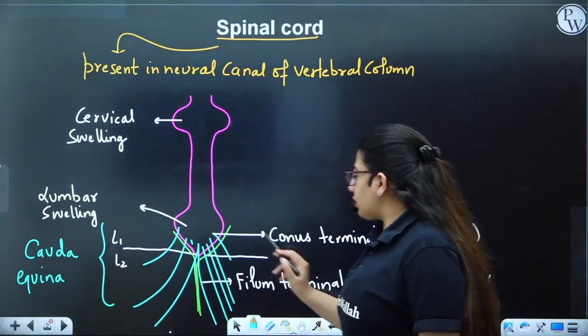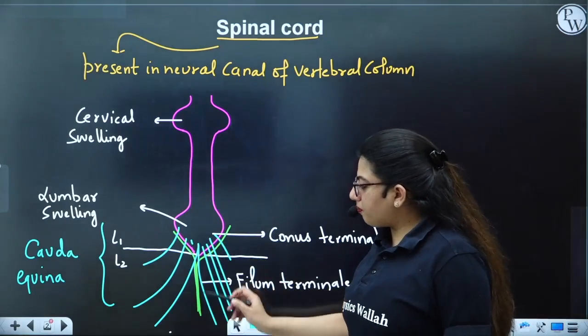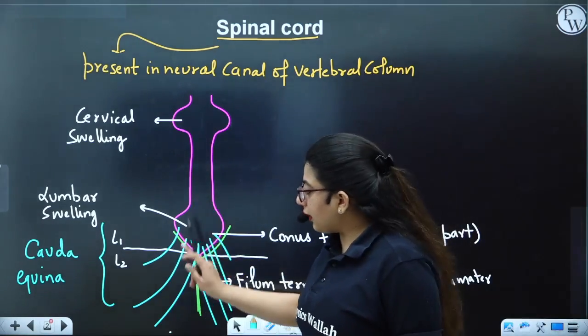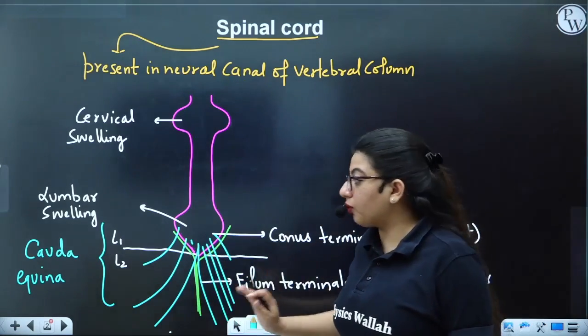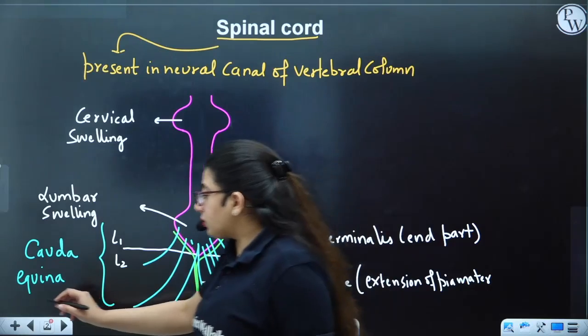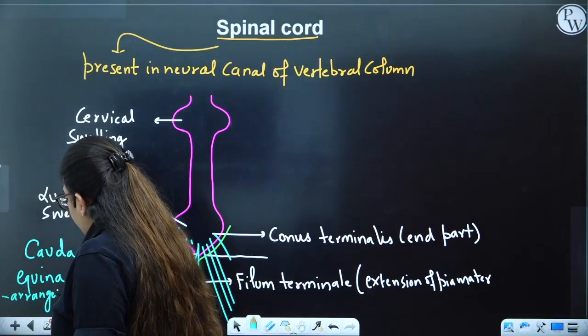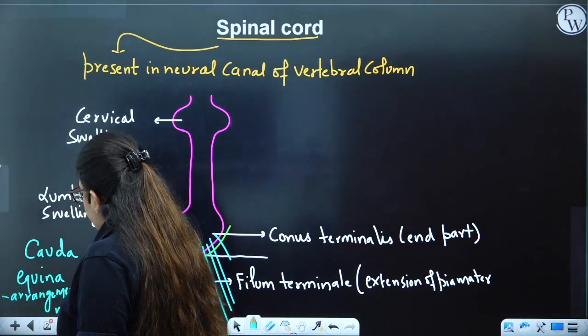The end portion of the spinal cord is conus terminalis. The extension of pia mater at the end of spinal cord is filum terminale, whereas the arrangement of nerves that are emerging from the last portion of spinal cord is your cauda equina. So this is arrangement of nerves. Okay, I hope that's pretty clear to everyone.